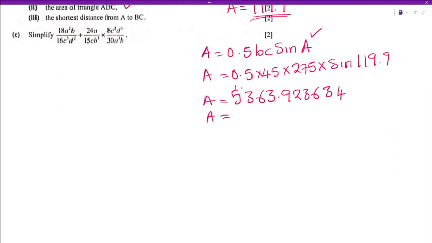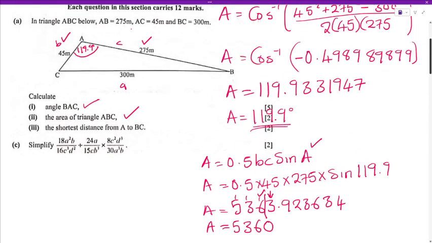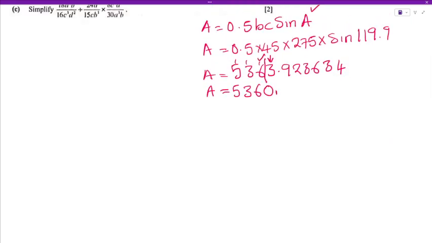So we count 1, 2, 3, and then we cut here. Then we check the fourth number. If it's less than 5, then it can't round off the 6 upwards, so it converts to a 0. So this therefore is going to be our answer, that is 5360. What units are they using in the question? We check. They're using meters, so that's going to be meters squared, and you are done.